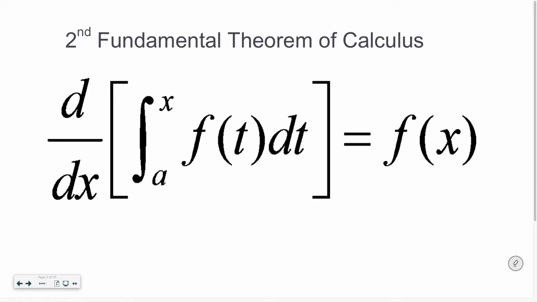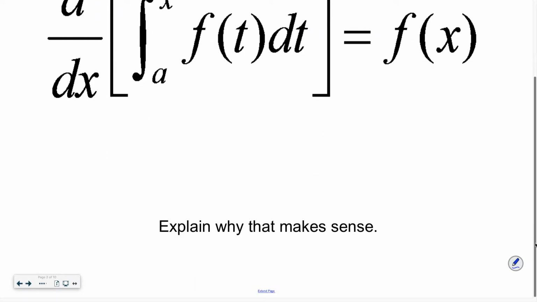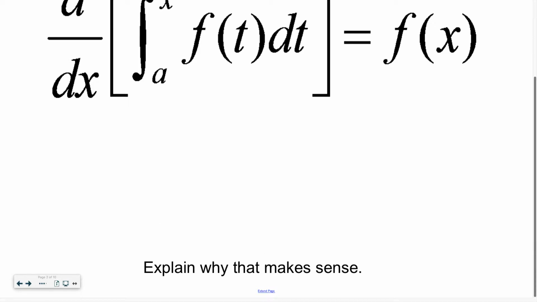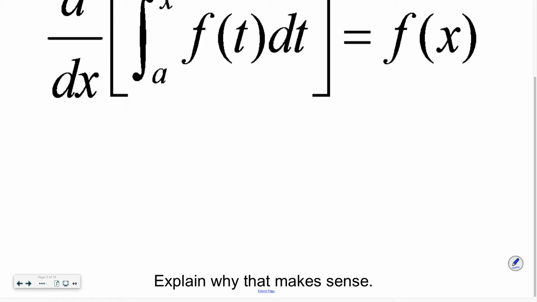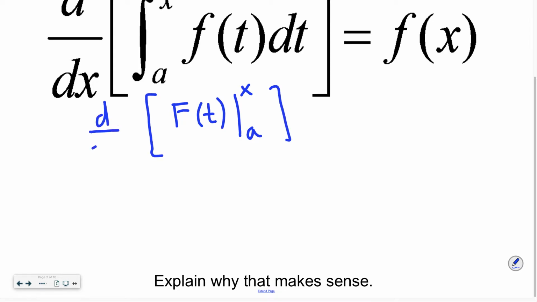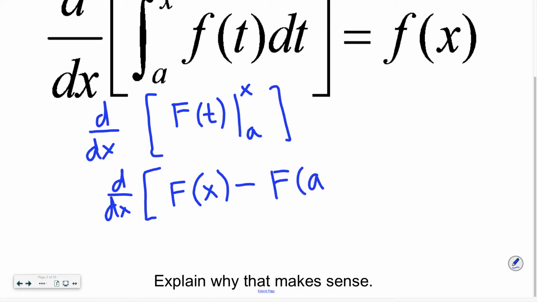All right, so if we start just inside here, if we do the antiderivative of t evaluated from a to x, it has to be in terms of a different variable so that we can plug in x. So what we have is the derivative of F, the antiderivative evaluated at x minus the antiderivative evaluated at a.